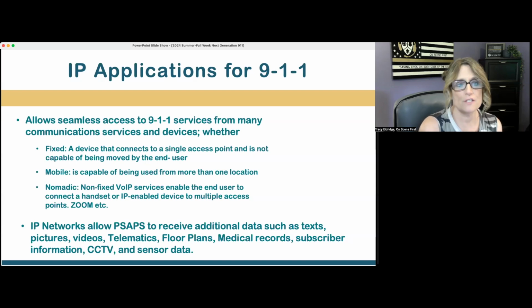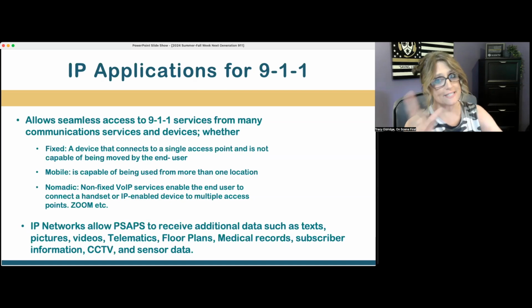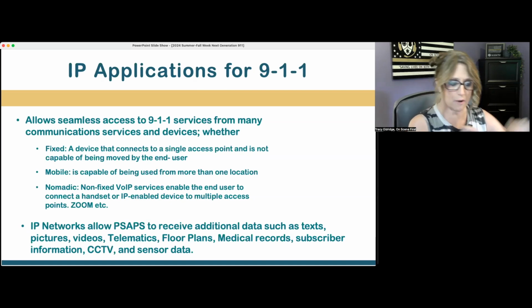IP applications for 911. This allows seamless access to 911 services from many communication services and devices, whether it is fixed. Now, this is a different fixed. So we talked about fixed mobile. This fixed is a device that connects to a single access point and is not capable of being moved by the end user.